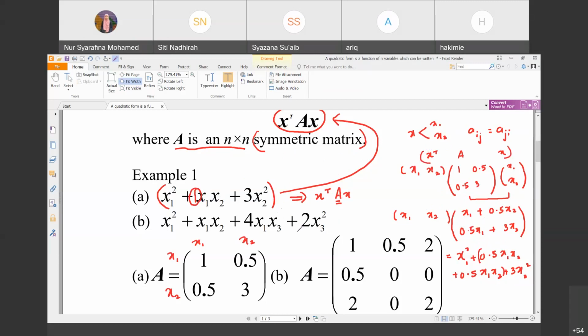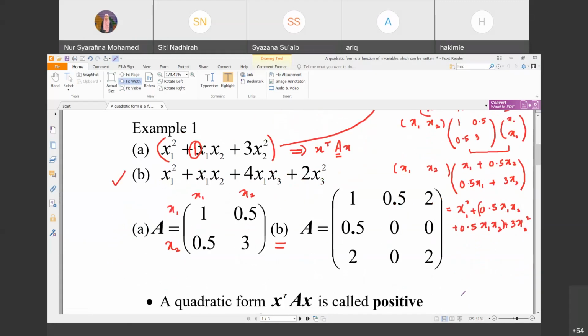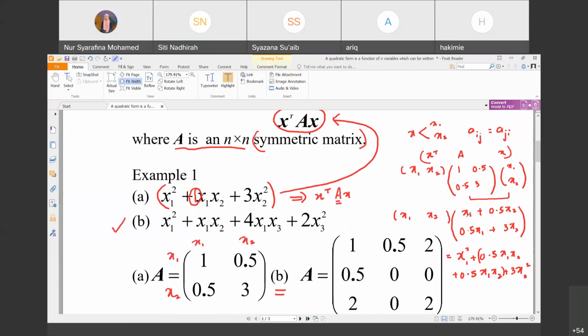Clear? All right, why don't you try B? Try to expand back. Did you get the function now? This is basic linear algebra, right? You have learned this. Basically, this is how we construct the symmetric matrix from the function.